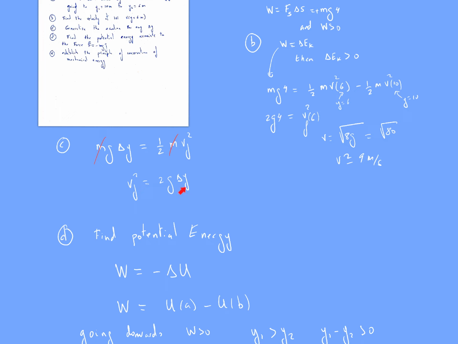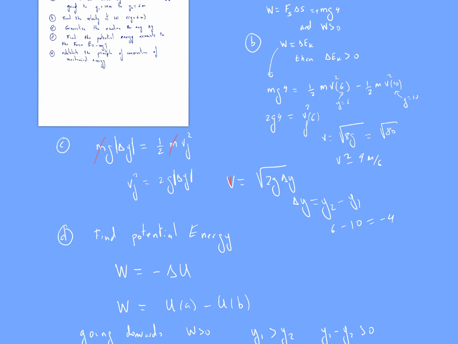Delta y should be positive, because how can something squared be negative? So the velocity v is the square root of 2g delta y. Delta y is not simply y2 minus y1, because y2 is 6 meters and y1 is 10 meters, so that gives minus 4. So delta y is the magnitude of delta y.